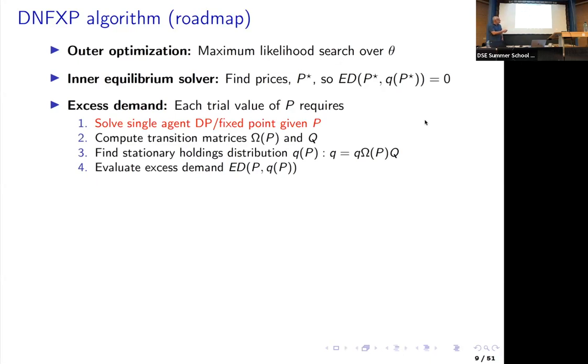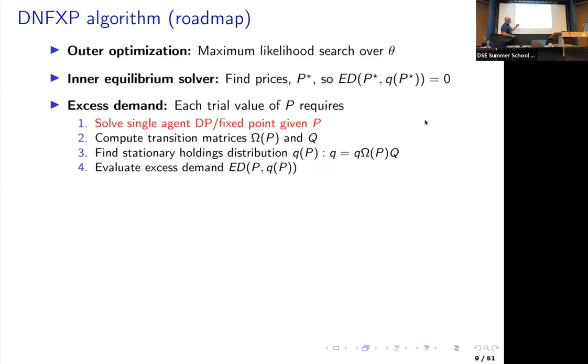So for every trial parameter, you need to solve the single agent fixed point problem given that array of prices. Okay, so we solve the Bellman equation for all these different types of consumers. And that gives us all the choice probabilities of choosing all these different car trading and holding options.